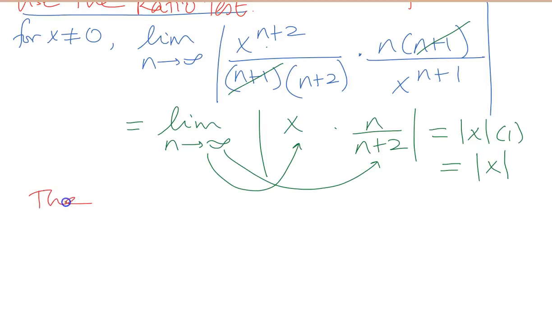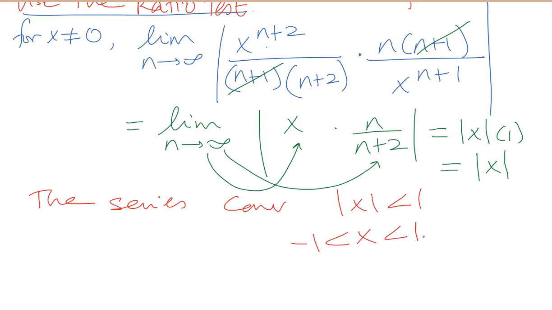We know that the series converges when the limit of the ratio is less than 1. That means when x is between negative 1 and 1. And we also know from our second video that we must check the endpoints. Okay, check endpoints one by one.